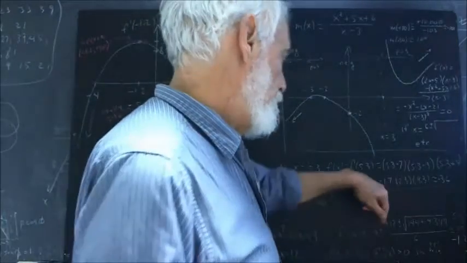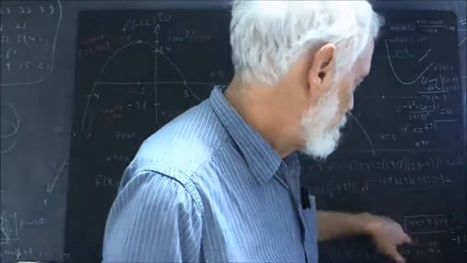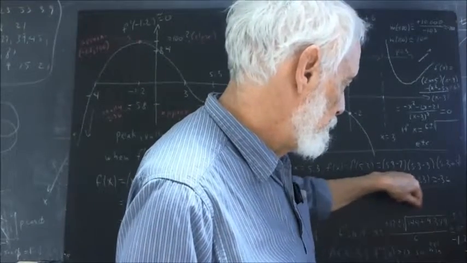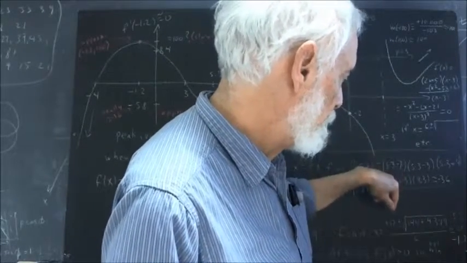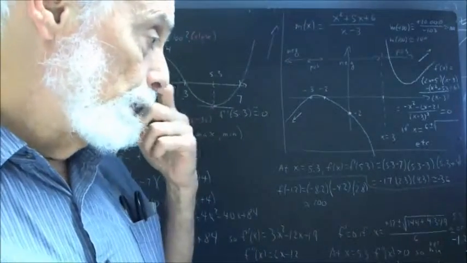And we find that this occurs when x equals this expression, either 12 plus the square root divided by 6, or 12 minus the square root all divided by 6. And we then approximate these results.